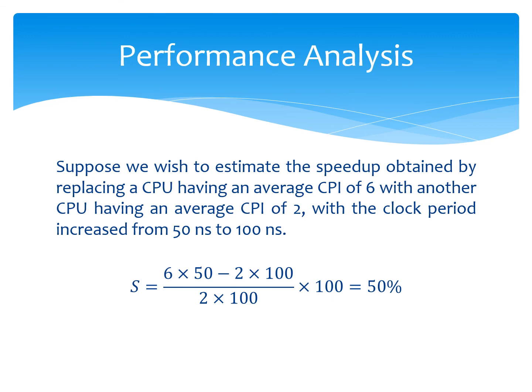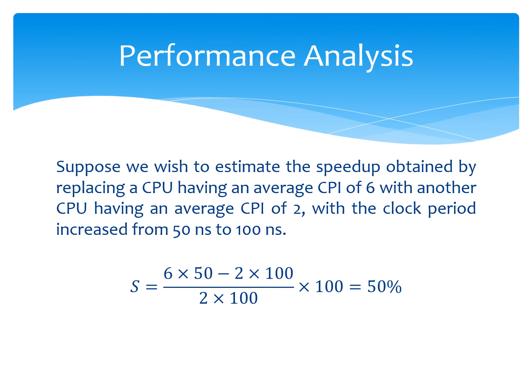For example, assume we want to estimate the speedup obtained by replacing a CPU having an average CPI of 6 with another CPU having an average CPI of 2, with the clock period increased from 50 nanoseconds to 100 nanoseconds.